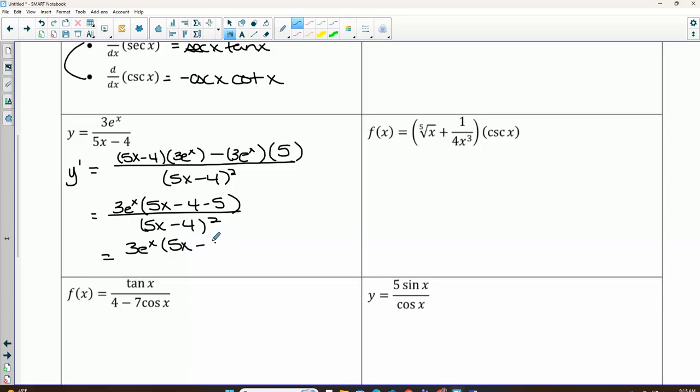And that's 5x minus 9 over 5x minus 4 squared. Questions on it?